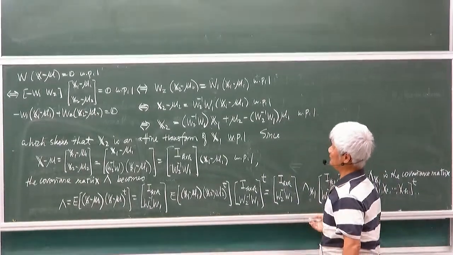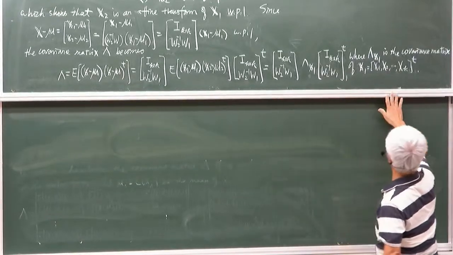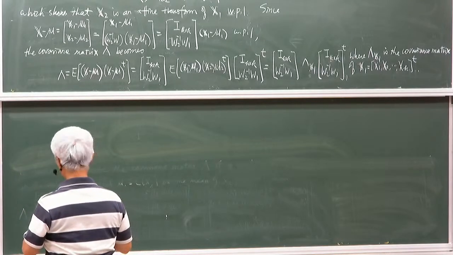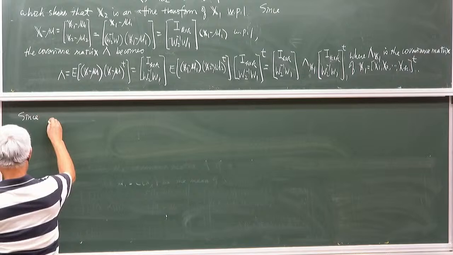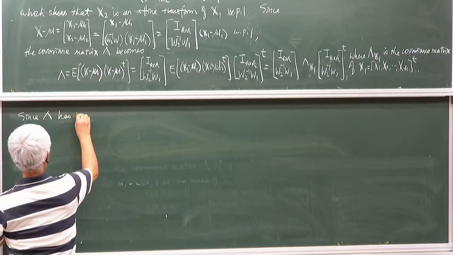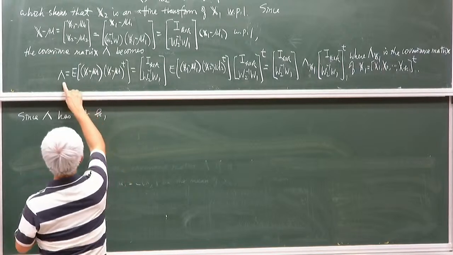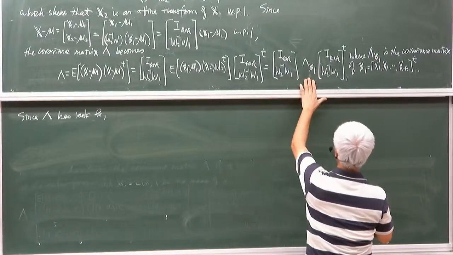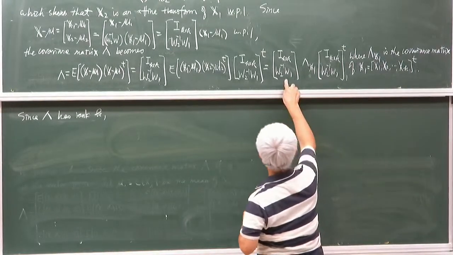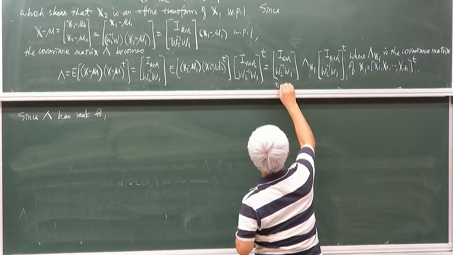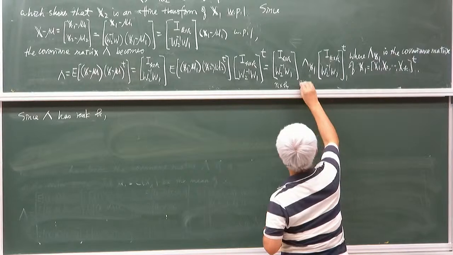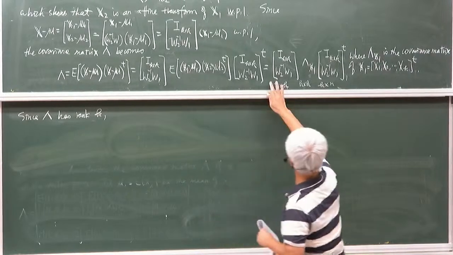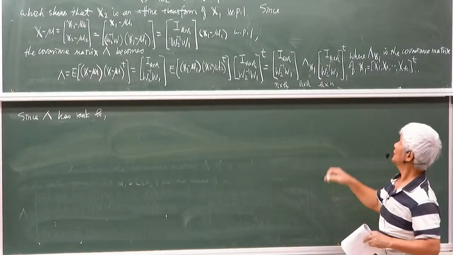Okay, good. So now, since lambda has rank k, and this is the n times k matrix, this is k times k, and here is k times n. So the rank of this product is less than or equal to k.